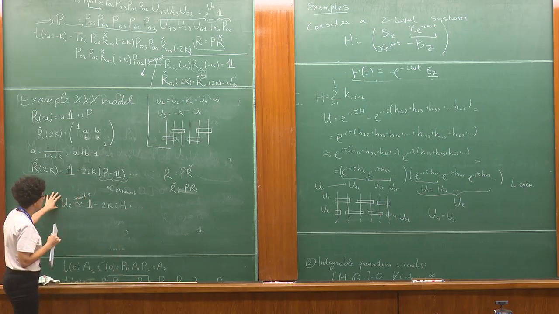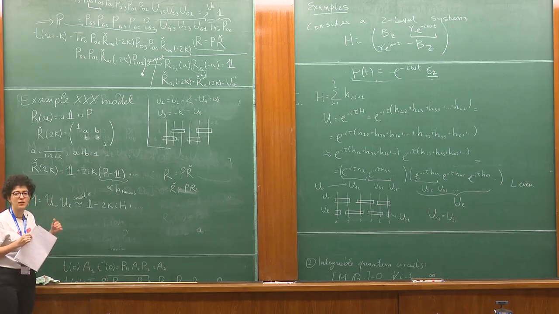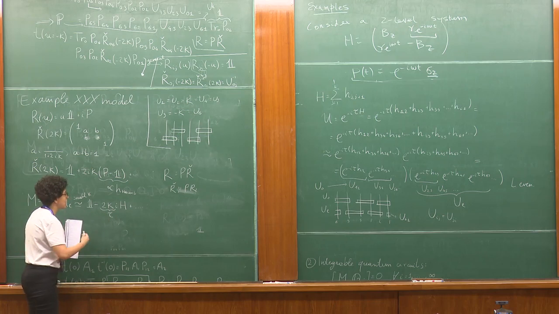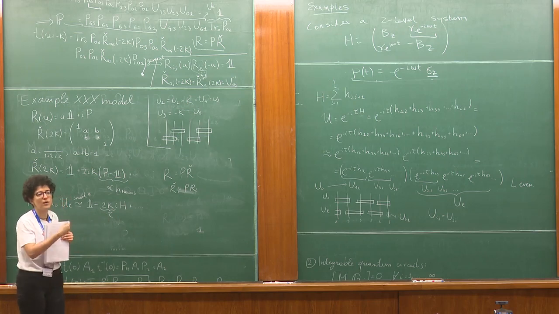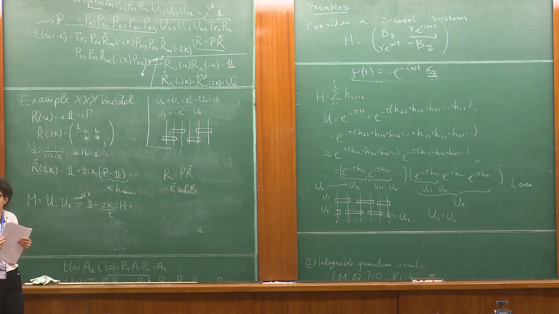So the expansion of this will describe your system for discrete time for small t. But if you take this time, this is our time now, tau, to be small, then you get the continuous time evolution as expected. So nothing strange happens.